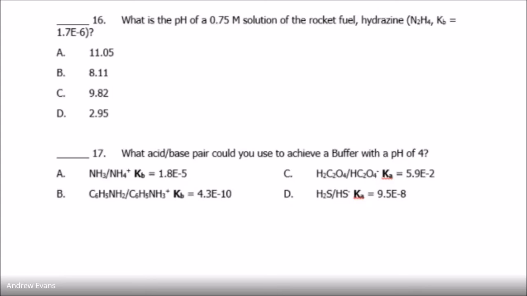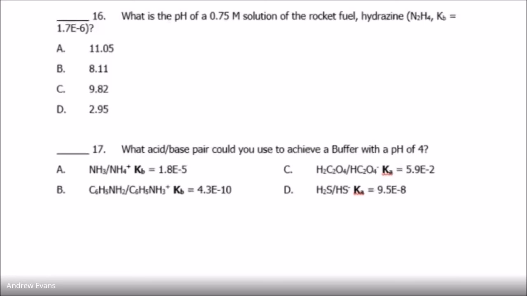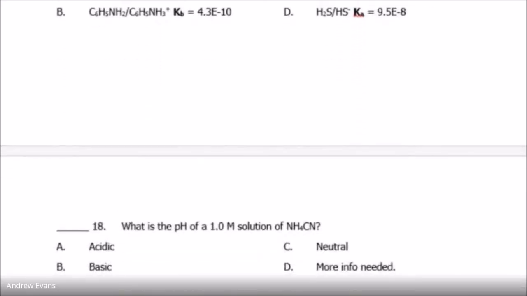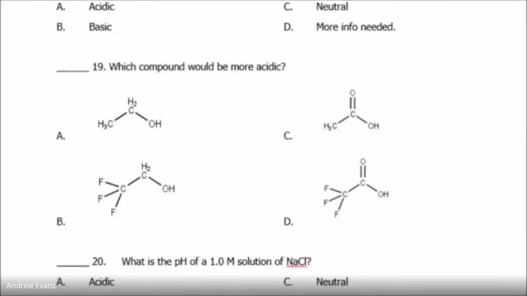So last one, 4.3 times 10 to the negative 10: 9.36. Subtract that from 14, you get 4.63. That's within plus or minus 1 pH unit of our buffer. So the correct answer is B. That was a tricky one. I highlighted them, I bolded them for you, but some people just looked right past it.